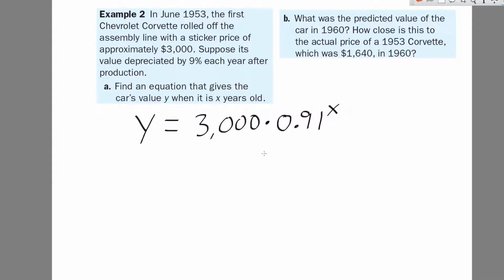What was the predicted value of the car in 1960? And how close is this to the actual price of a 1953 Corvette, which was $1,640 in 1960? We'll go ahead and do this calculation. So 53 to 60 was 7 years, which means that our calculation then is Y equals $3,000 times 0.91 raised to the 7th power.